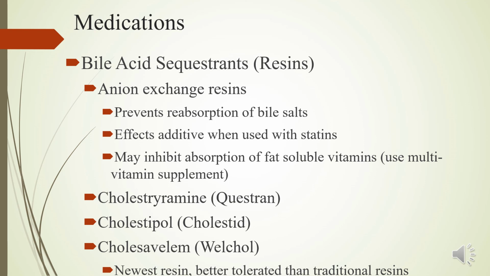They may also bind some polar drugs as warfarin, digoxin, and thyroxine. So they have many side effects and drawbacks. So the best strategy for treatment will be the soluble fibers and the statins, as well as lifestyle change and dietary regulation.